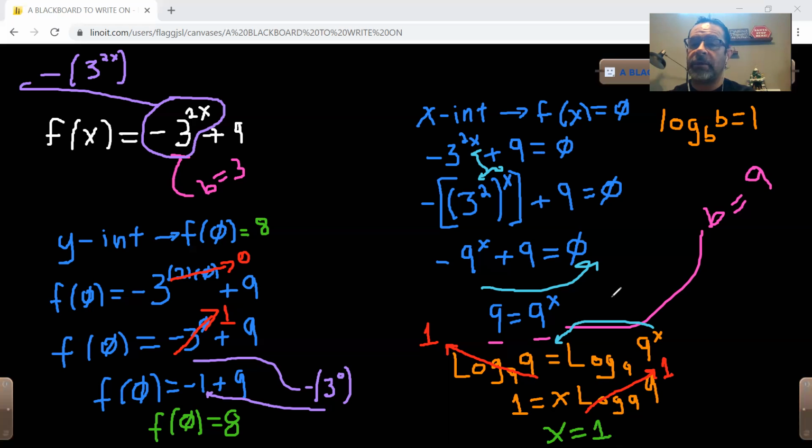Okay, so now we found the x and the y intercepts here for the exponential function. Okay, and it's not asking us to do the graph, but just as a reference, if we wanted to do the graph, this would just mean that the graph would cross for f of 0 or for x equals 0, then the graph would cross here in 8.